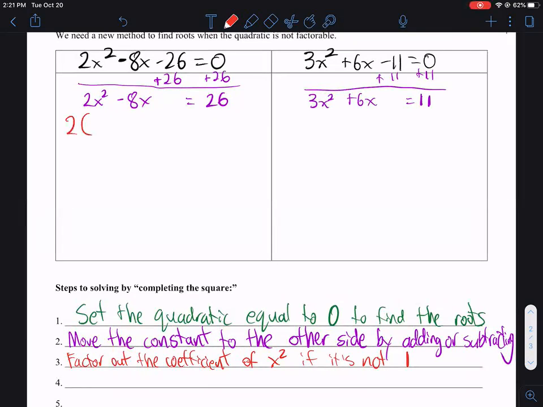And so remember, when we move that number in front of the parentheses, we have to divide everything else by that number. Okay, but we only do it to the things on the left side. The 26 on the other side is not affected by this.